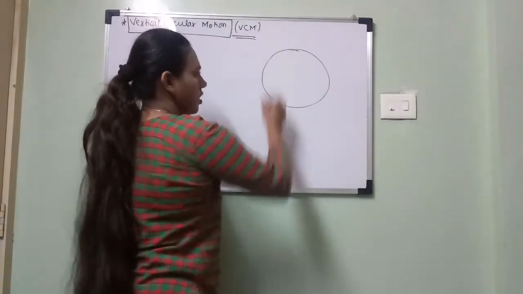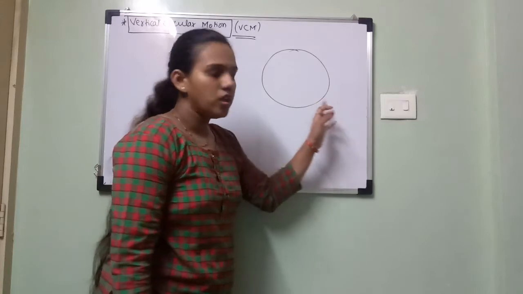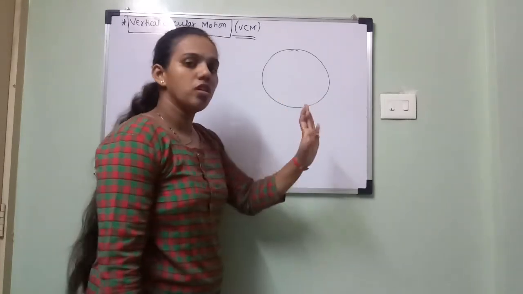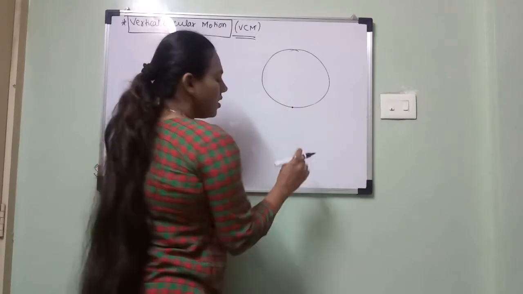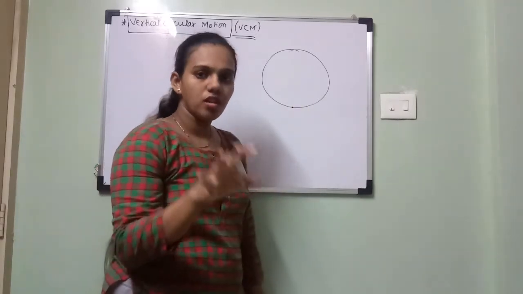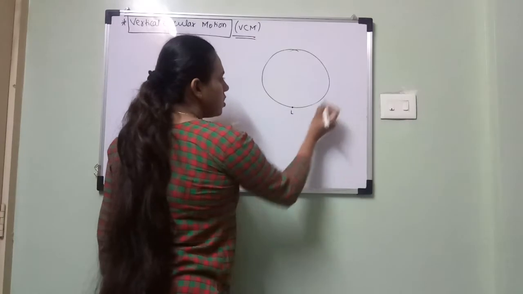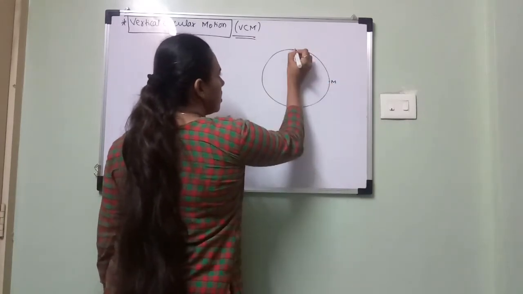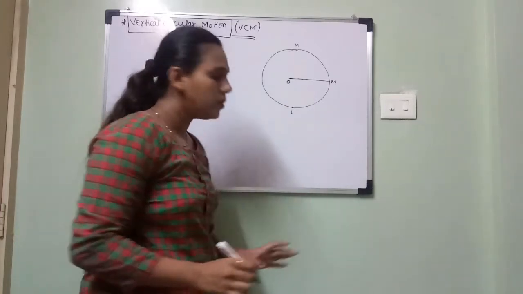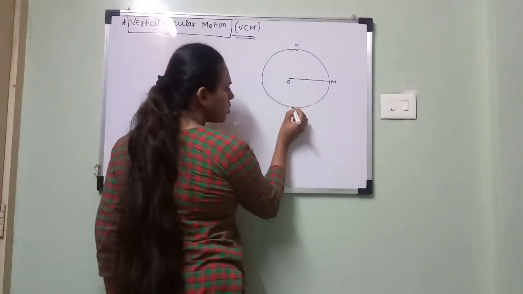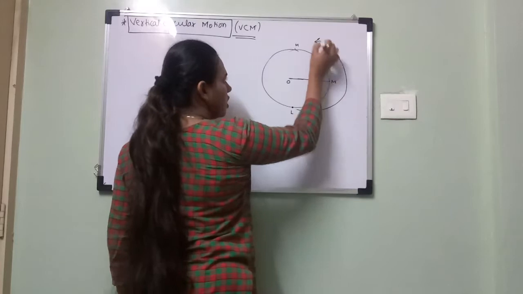Now let's see an example. Suppose this is a circle. In this the body is moving along the circumference with different speeds. Now suppose in this VCM we will consider three positions. This is the lowest position, this is the midway position, and this is the highest position. Suppose this is center O. Now see, the body is going from lowest position to highest position.